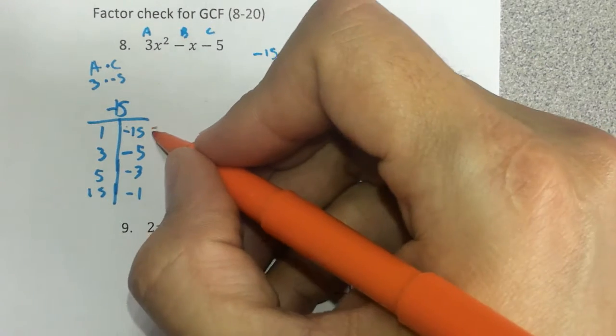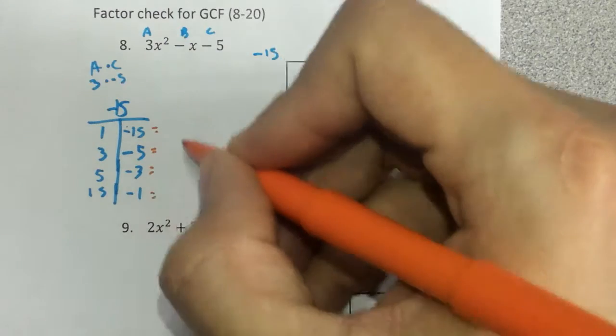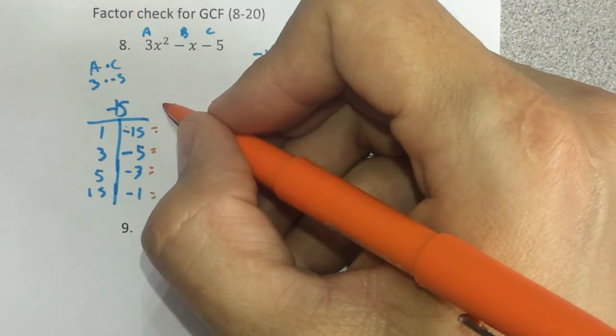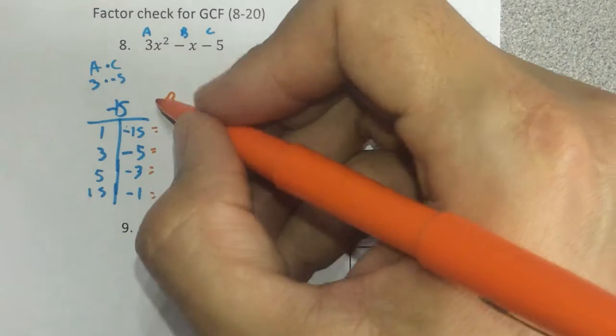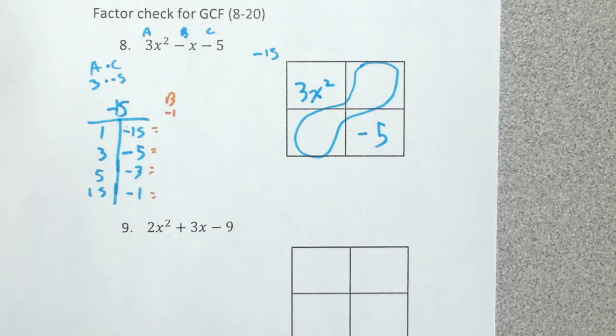What we're going to do now is look at these and figure out where they equal B. In case you haven't recognized it, B is -1.